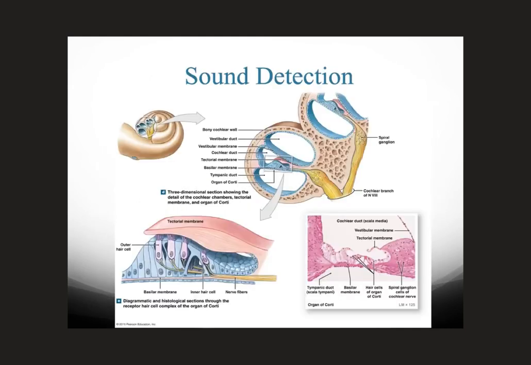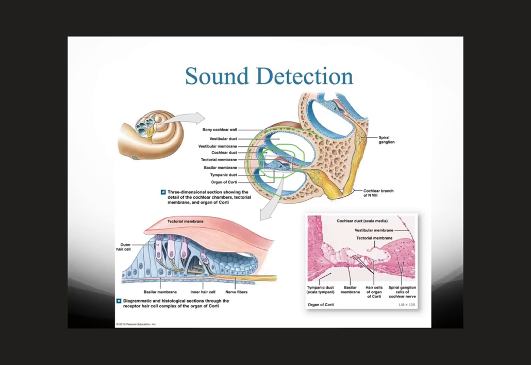You can see over here, this is how you're going to detect sound. This is part of your cochlea, right over here. Within the cochlea, you're going to have these structures called organ of Corti.